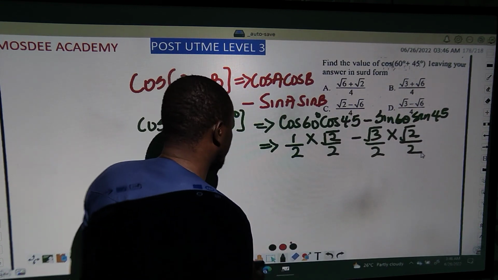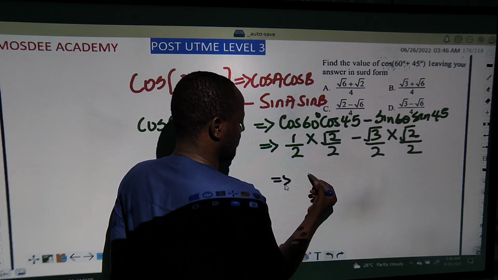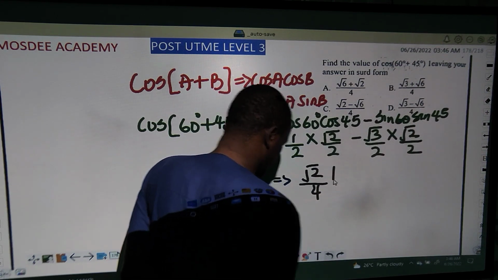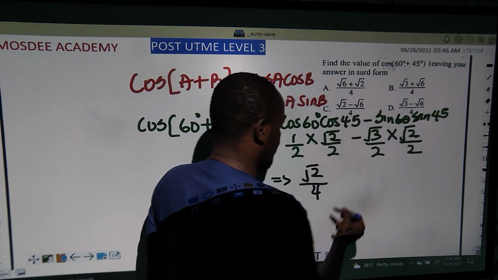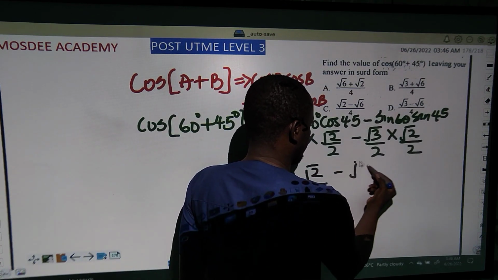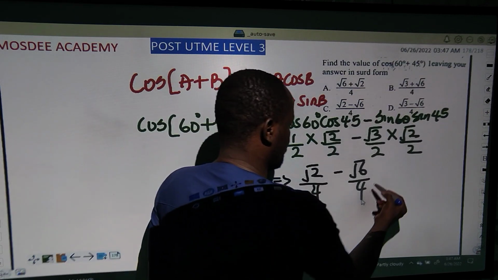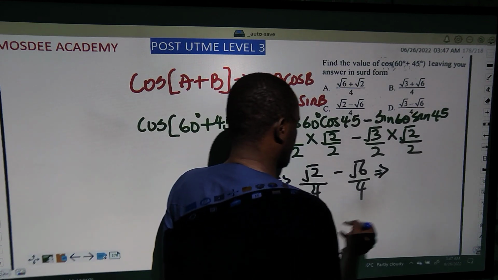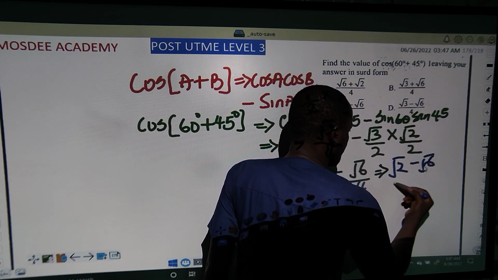On simplification, you can say this is root 2 times 1 is root 2 over 2 times 2 is 4. Minus and not plus. Follow this. So we have minus root 6 over 4. This is the same thing as writing it the normal way you've written it in junior classes, root 2 minus root 6 over 4.